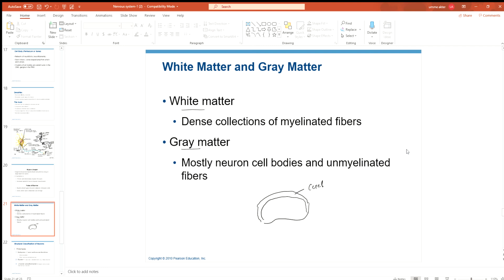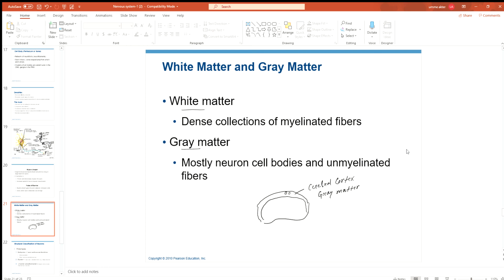The cerebral cortex is the outer layer, and the cerebral cortex is gray matter. Why?